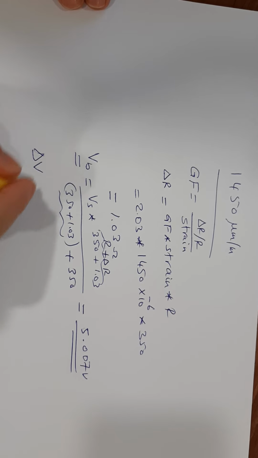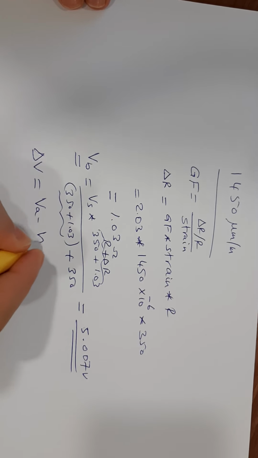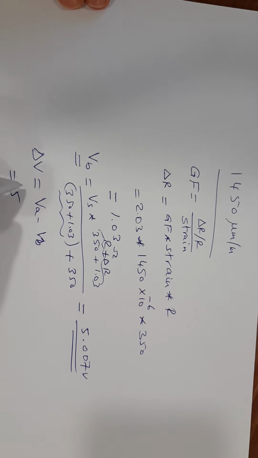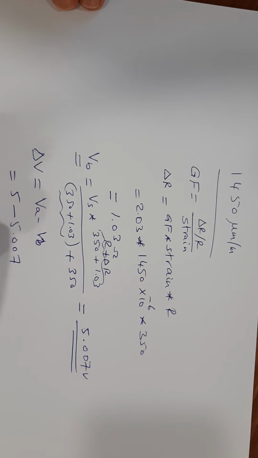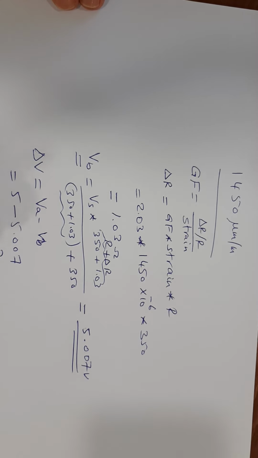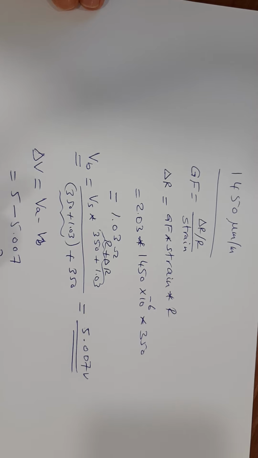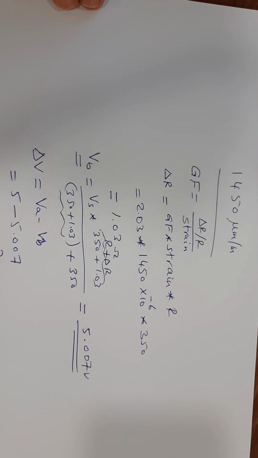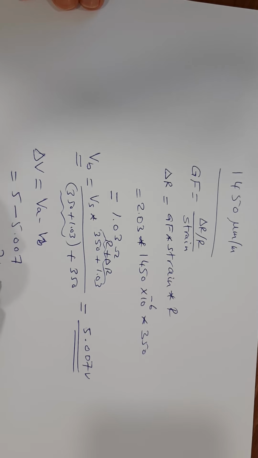Now delta V, which is equal to VA minus VB, is equal to, this is fixed at 5 volts, minus 5.007, then this will be negative 0.007 volt, which means that this is equal to 7 millivolts, because here we have 0.007, so we multiply this by 1000 to convert it to millivolts.